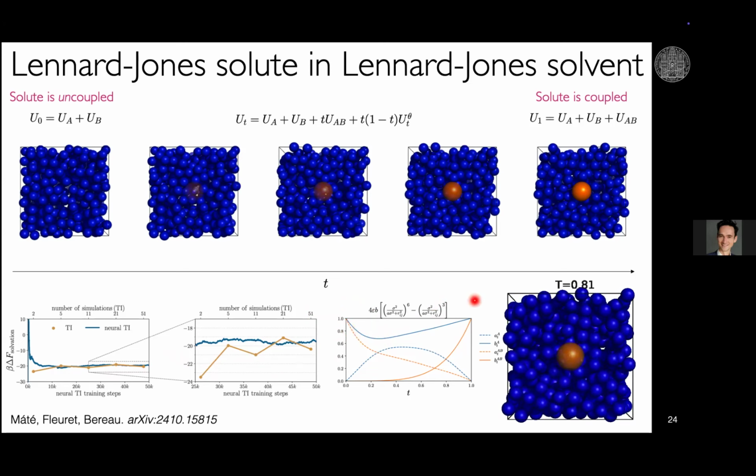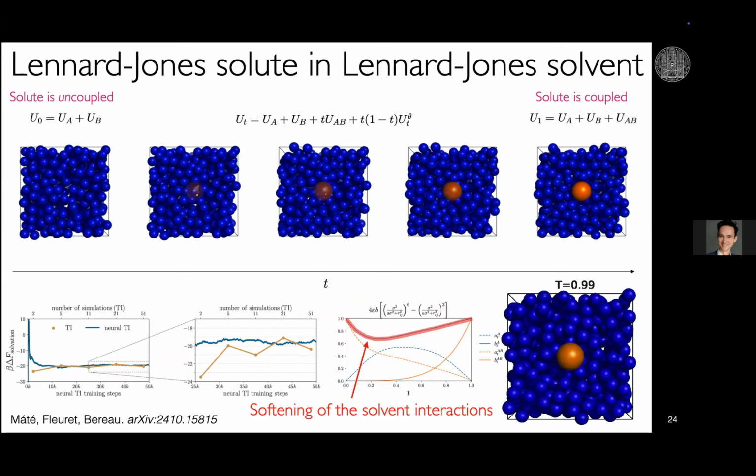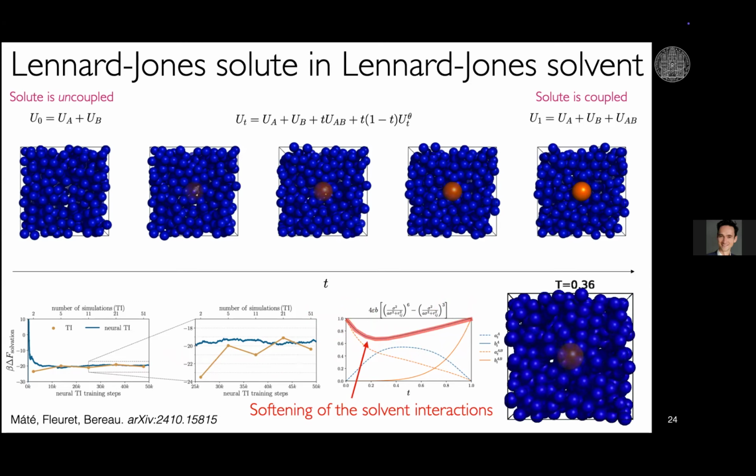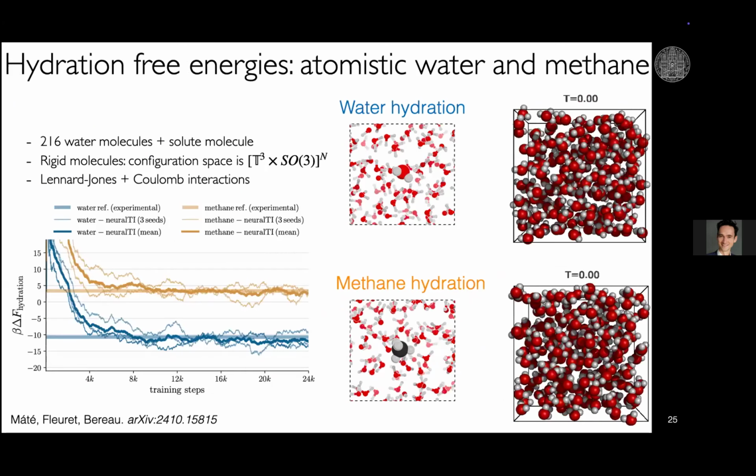This one shows the softening of the solvent-solvent interactions to accommodate the orange particle that you're tuning in. So this is something that we learn and that is not parameterized in, but is learned during the training process.